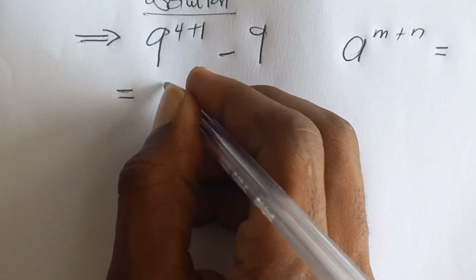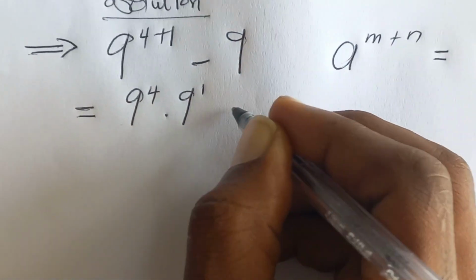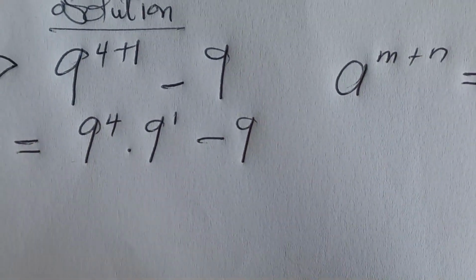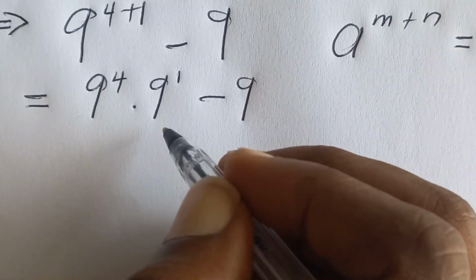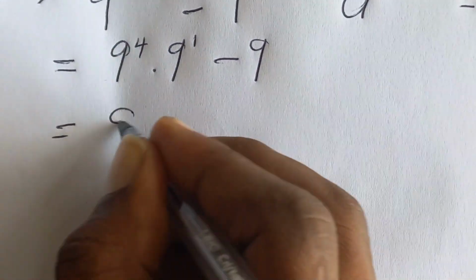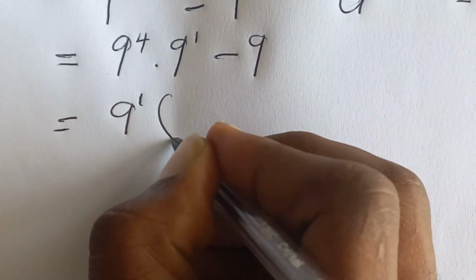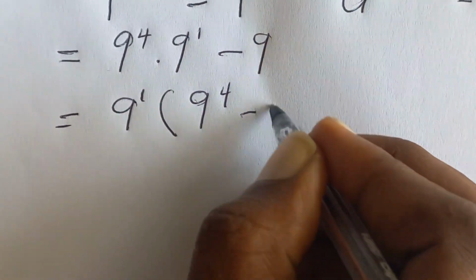So here I'm going to get 9 exponent 4 multiplied by 9 exponent 1, which is 9. Now we have a common term here, which is 9 exponent 1. So we can factorize 9 exponent 1 out, and this side becomes 9 exponent 4 minus 1.